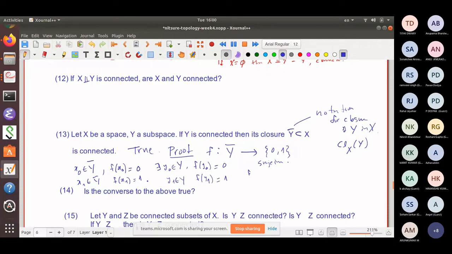And so f restricted to Y, from Y to {0, 1}, is surjective, and so Y will also be disconnected.